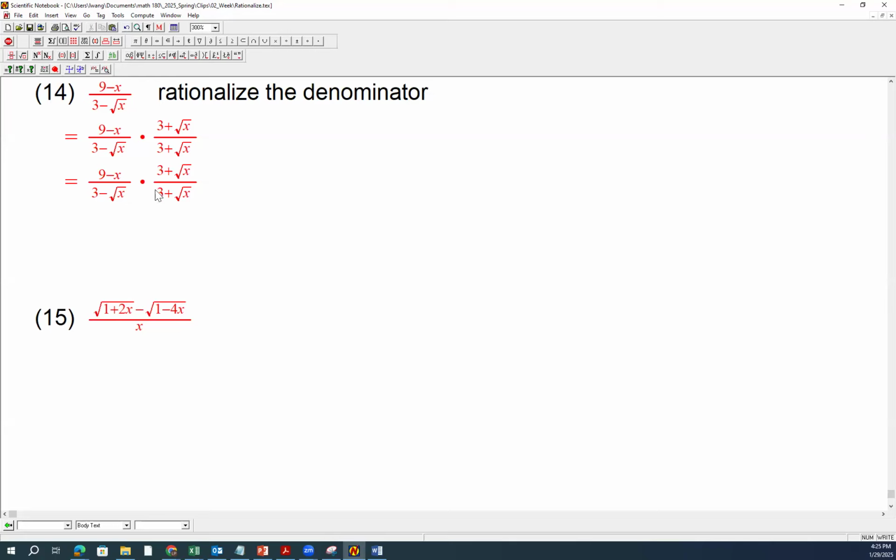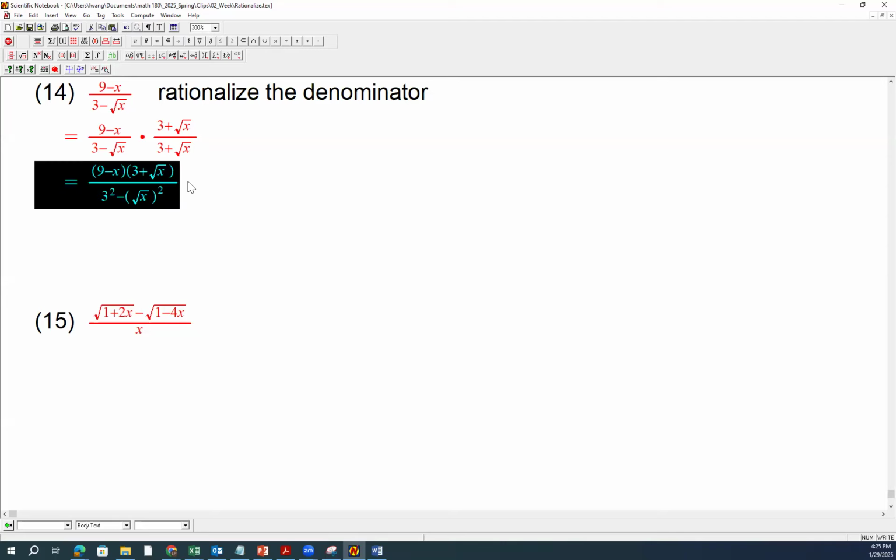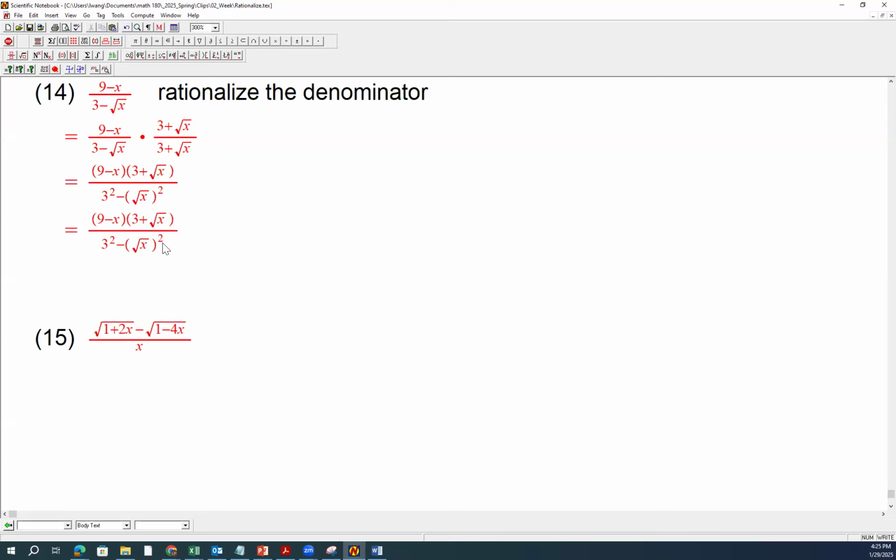In the denominator, we have conjugate multiplication. So this is going to be 3 squared minus root x squared. And the top is 9 minus x multiplied by 3 plus root x. And the denominator will be 9 minus x.